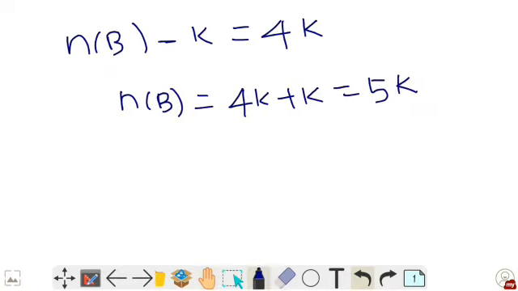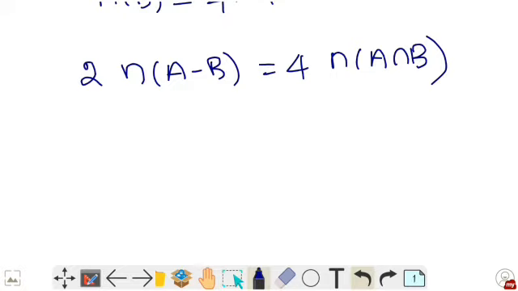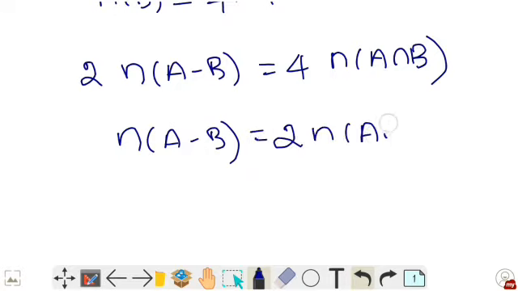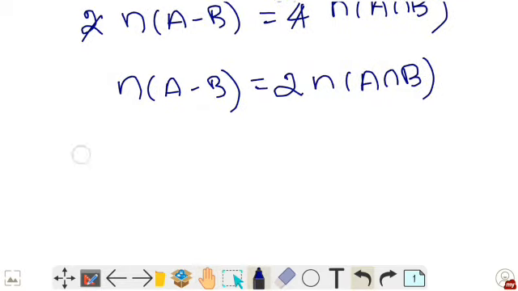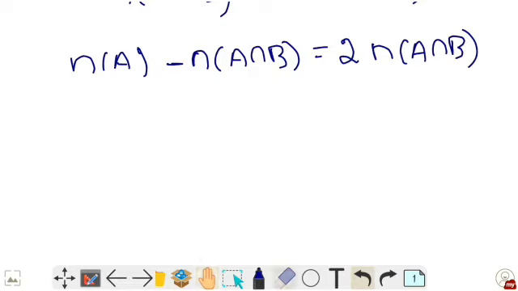Similarly, 2 into n of A minus B is equal to 4 into n of A intersection B. Here 2 and 4 cancel, so n of A minus B is equal to 2 into n of A intersection B. Replacing n of A minus B by n of A minus n of A intersection B, which equals 2 into n of A intersection B, and substituting k, n of A minus k equals 2k.